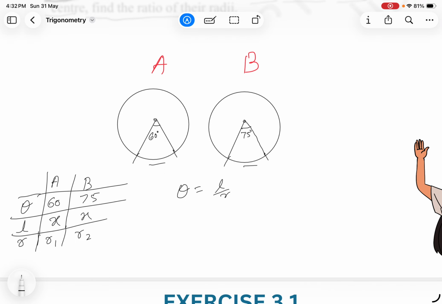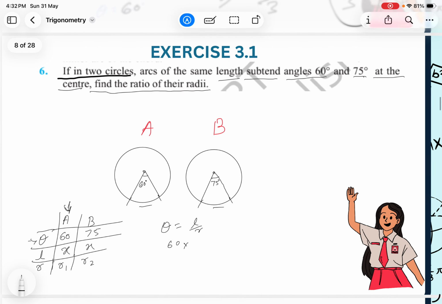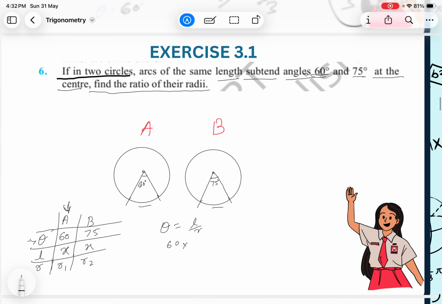So for this case, 60 degree, for circle A, we can say 60 degree into... because it's in a degree, we have to convert this into radian, right?